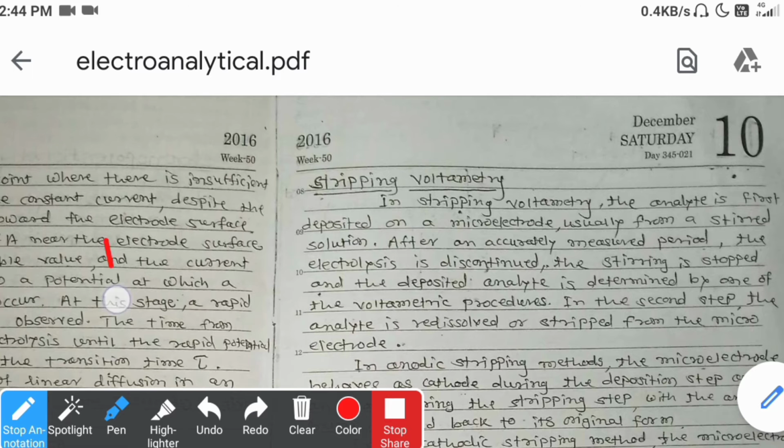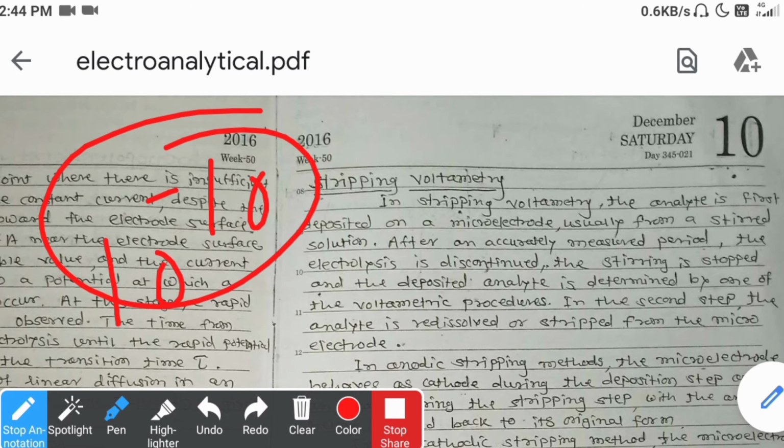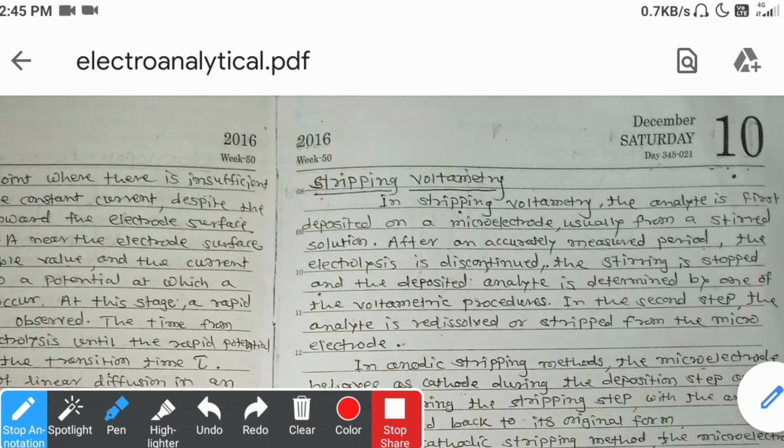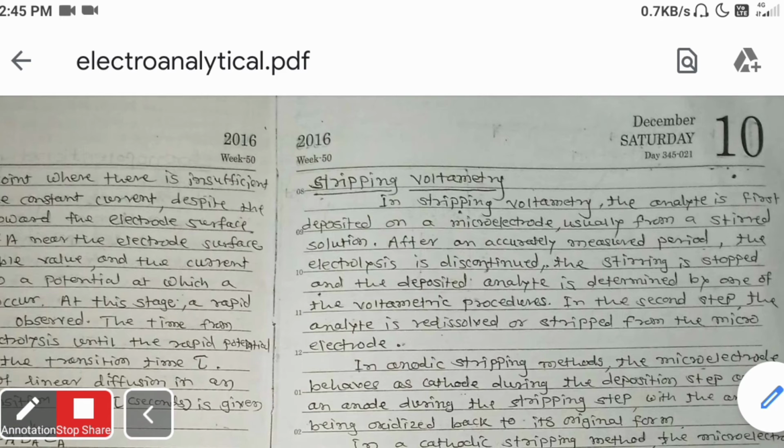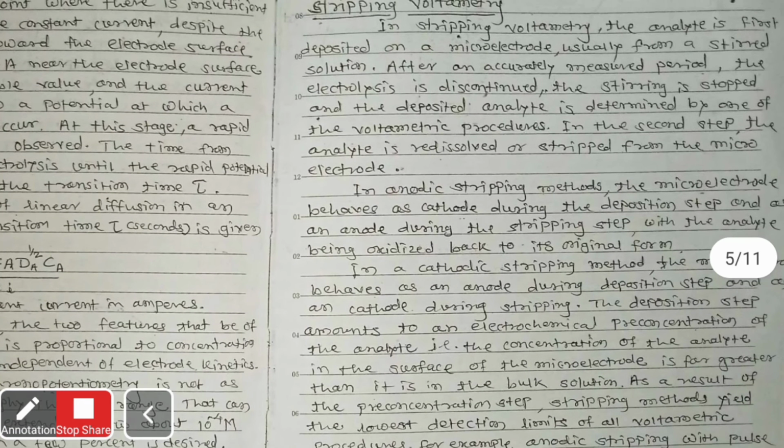But if you want to determine a low concentration range of around say 10 raised to minus 10 molar, then we need certain improved techniques. This stripping voltammetry technique uses a different method for the analysis, in which the first step is the pre-concentration step. As the name suggests, the pre-concentration step is the concentrating of the low-concentration ions.